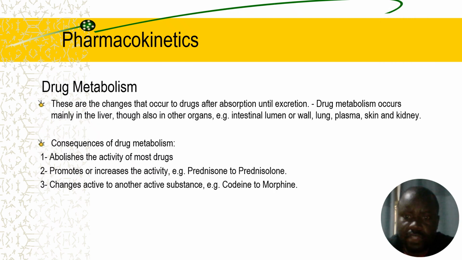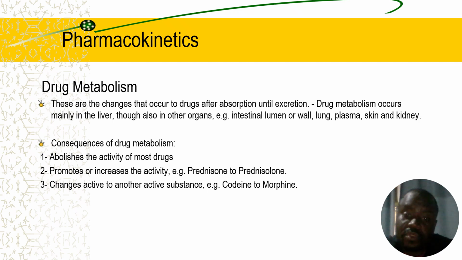We begin to look at metabolism as the third component, after absorption and distribution, in the processes or components of kinetics. As the drug gets distributed, sometimes it passes through tissues that are able to change the chemical structure of these chemical substances called drugs.